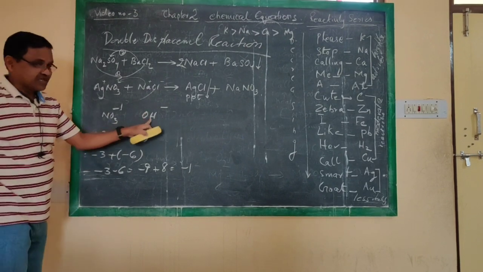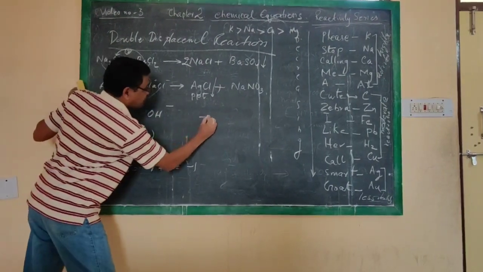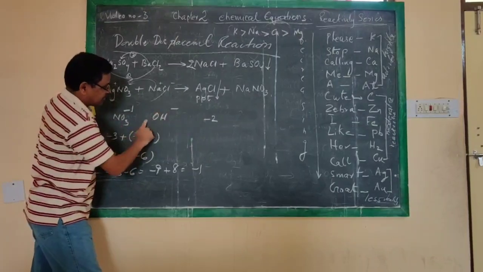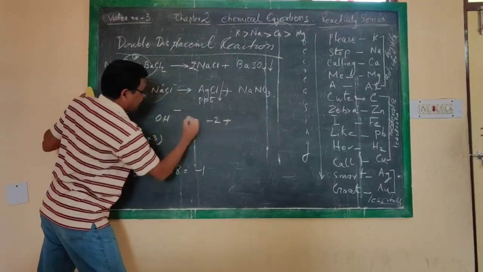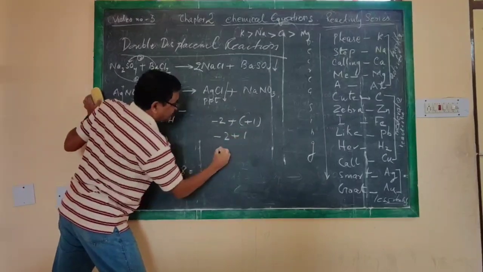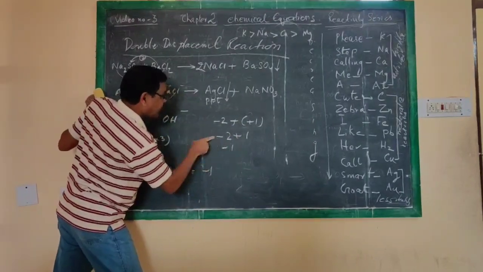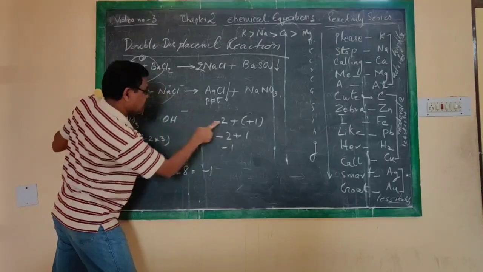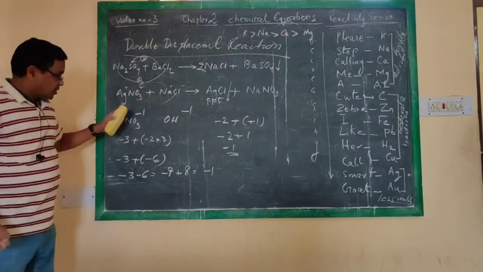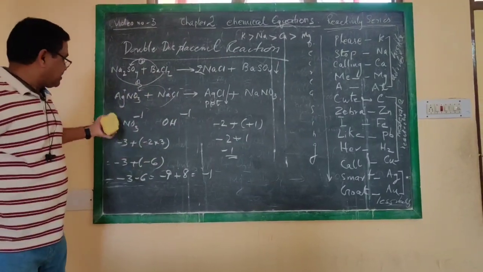Come to hydroxide or hydroxyl. Oxygen valency, non-metal, is minus 2, plus hydrogen is plus 1. That is minus 2 plus 1, which will become minus 1. So this way we will learn it later also.